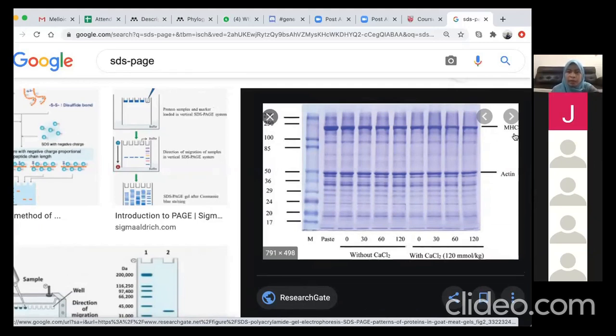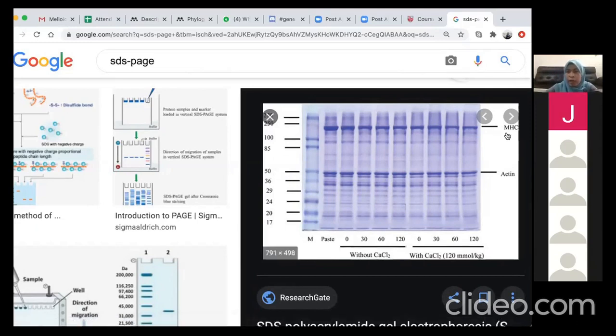Looking at the picture, the actin is roughly around 45 or 48 kilodalton, because it's closer to the 50 kilodalton. For MHC, maybe it's around 200 kilodalton. You can see here the thick band around 250. This is the 250, and this one is much lower than 250.